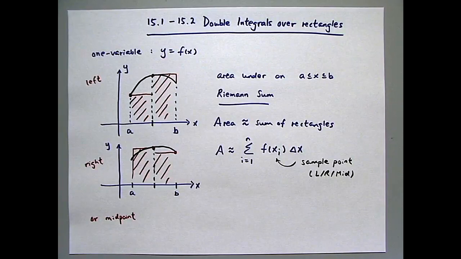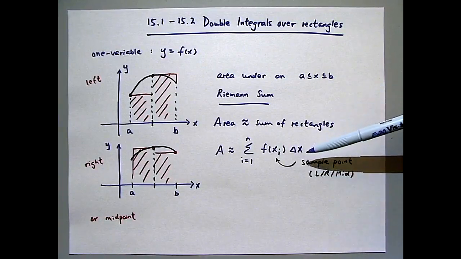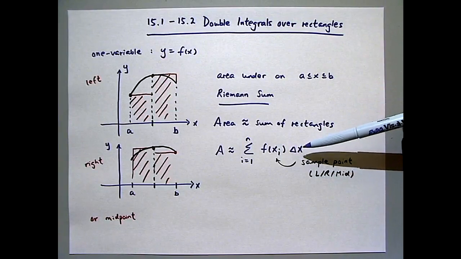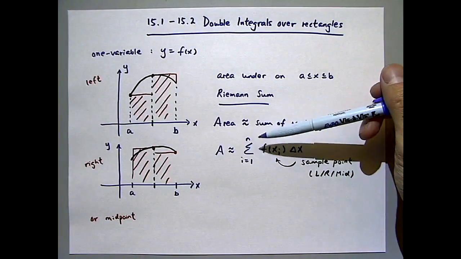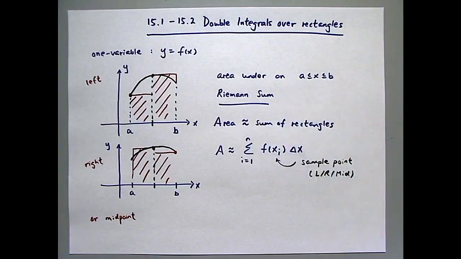Then we took the limit, shrinking delta x to a very, very tiny number while at the same time increasing n to a large number.